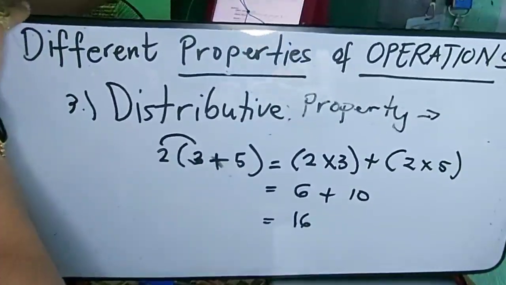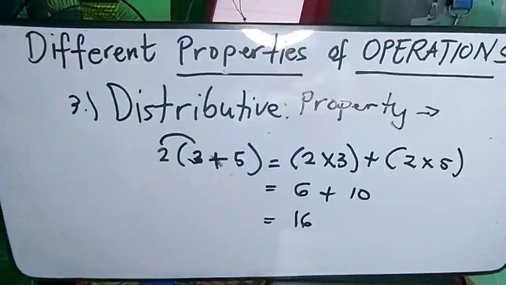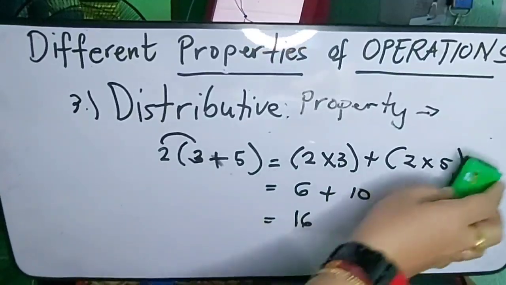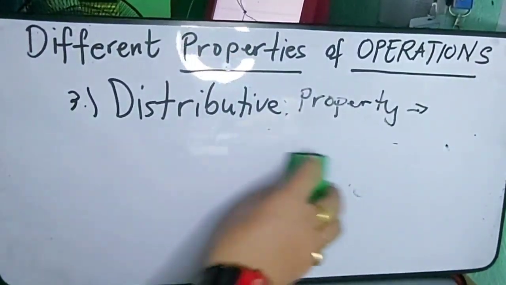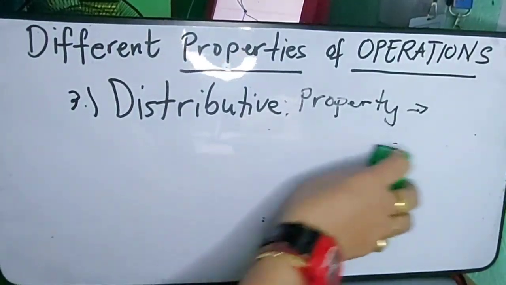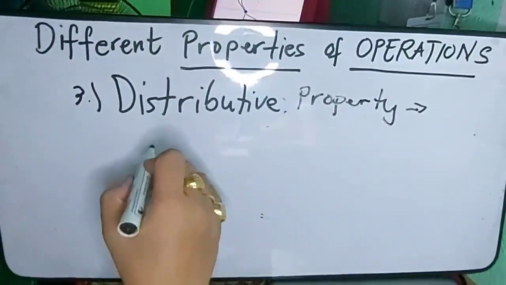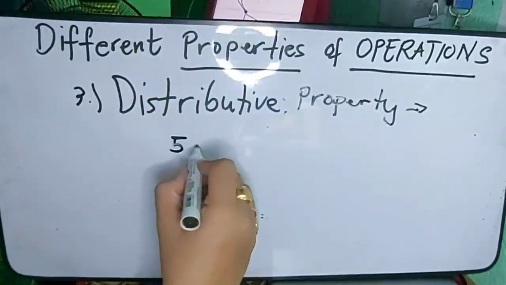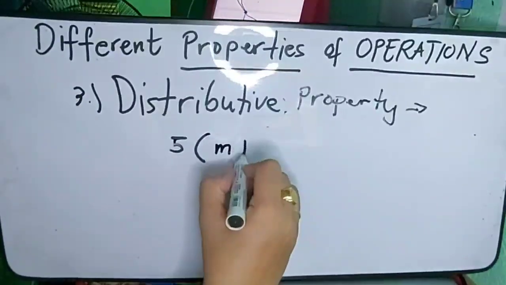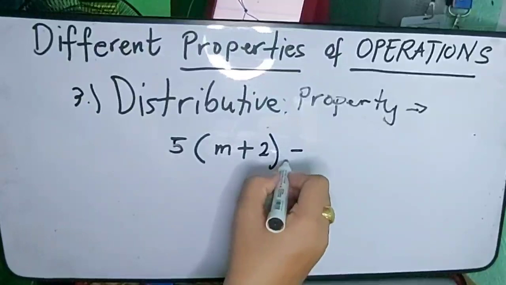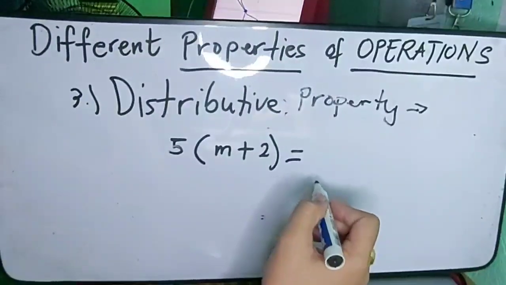Do you want another example? Okay, let's have another example, where there is an unknown. For example, 5 times the quantity of n plus 2 is equal to what?